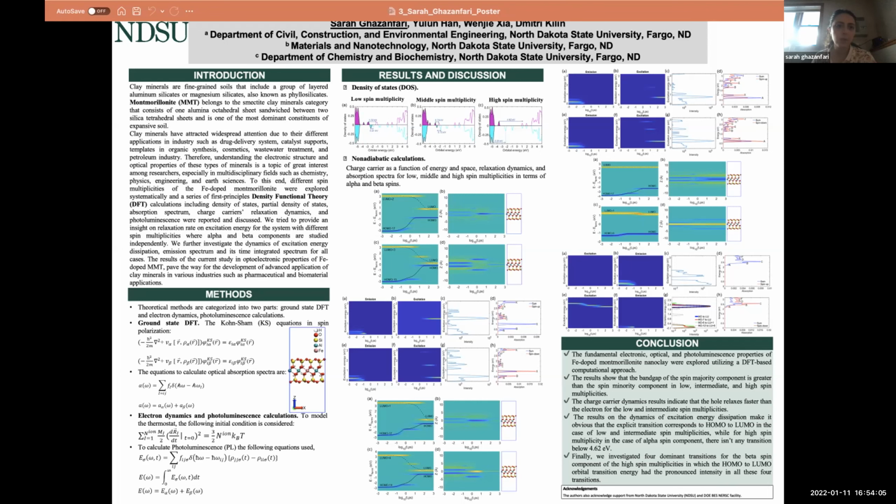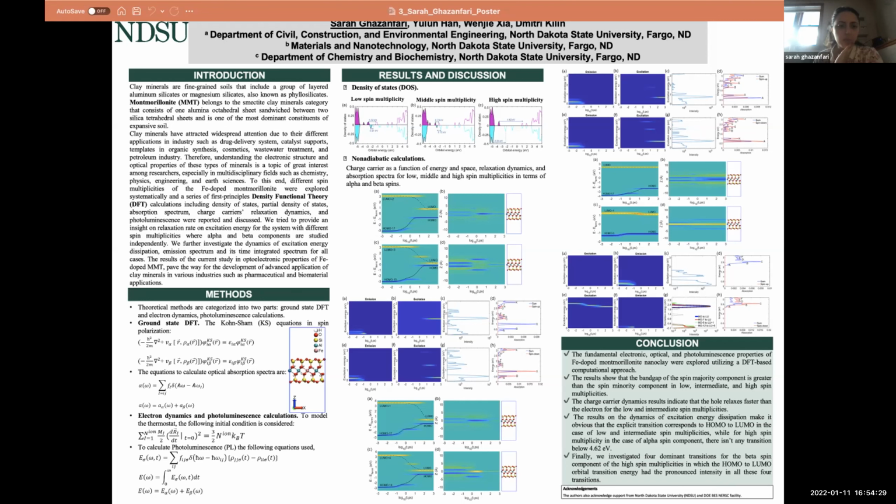It explains what clay is, this type of clay mineral and its structure, and its application in several industries. And then in the last part, I explained which properties we measured or calculated using density functional theory.